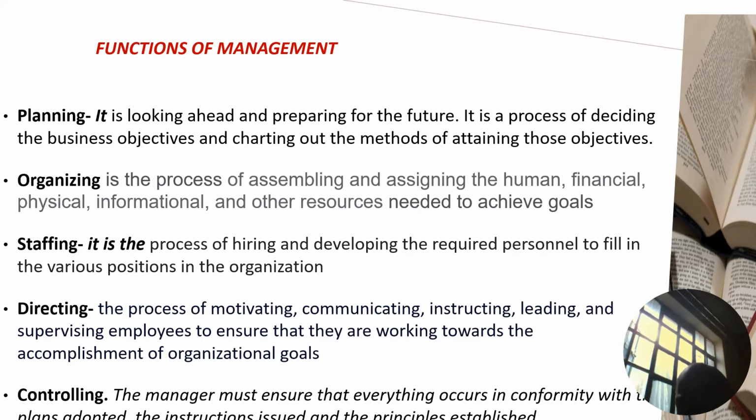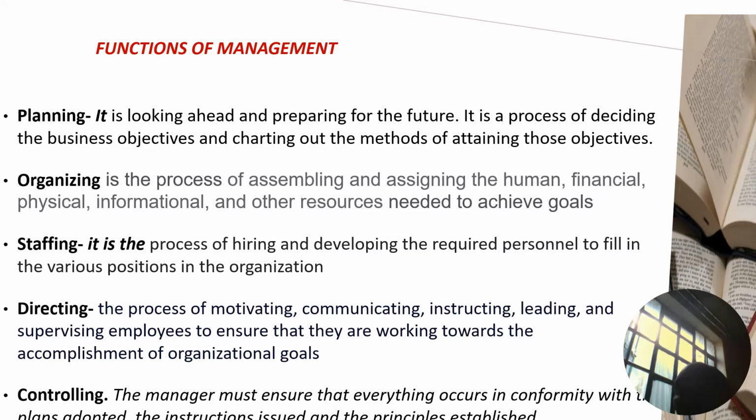Controlling is the process of ensuring that whatever is being done, whatever is being implemented in that organization, is as per the plans. That is why we say we conform to the laid down plans. Therefore, we can agree that controlling cannot take place without planning.